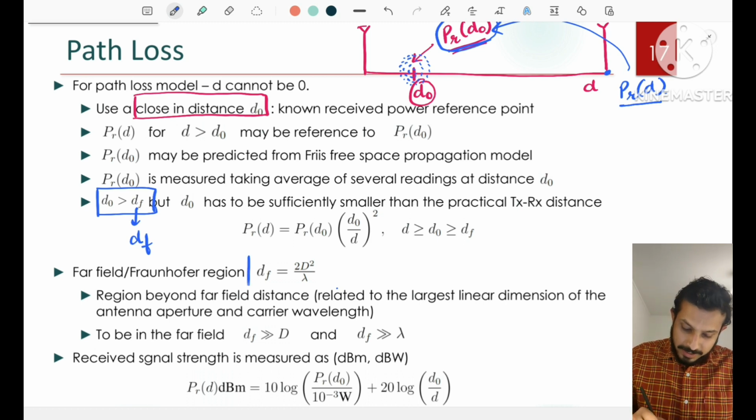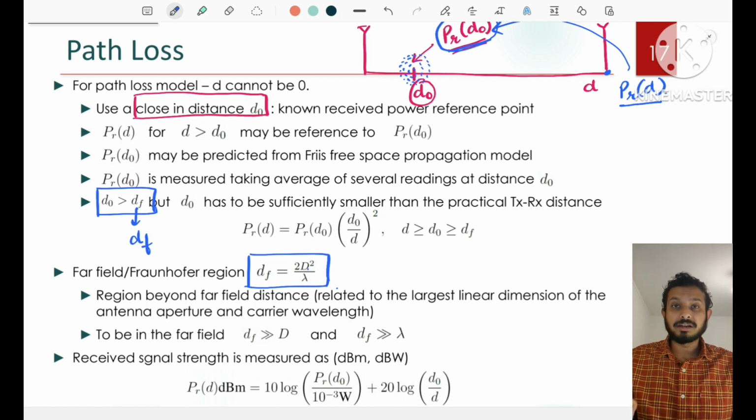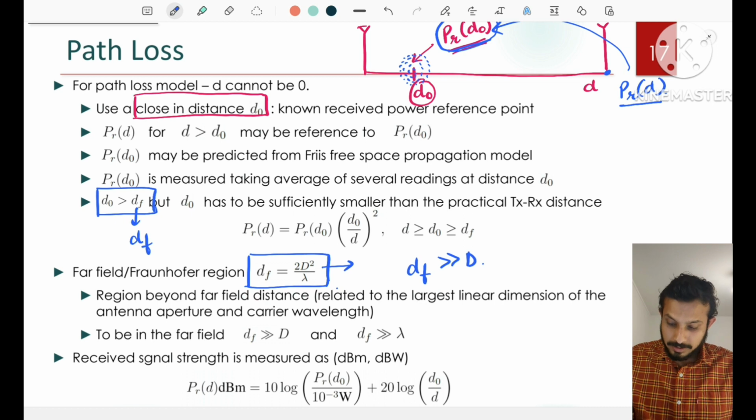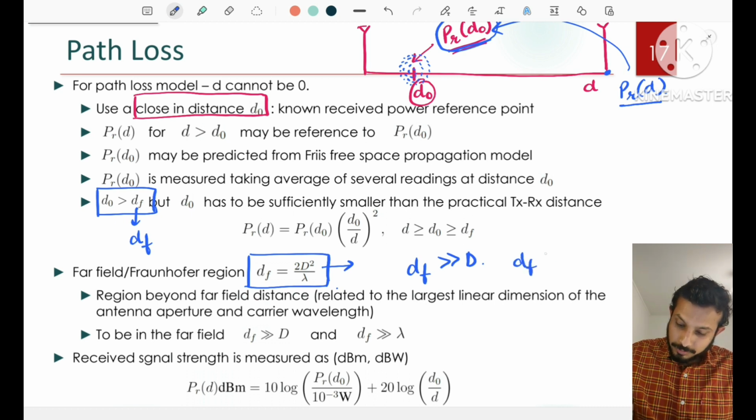It is represented by df equal to 2D square upon lambda, where D is the largest linear dimension of the antenna aperture and lambda is the carrier wavelength. And to be in far field, df should be greater than D, and df should be greater than lambda.